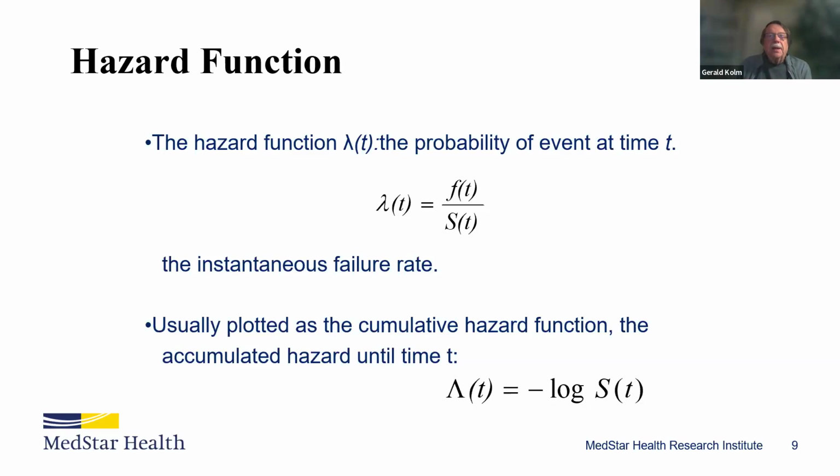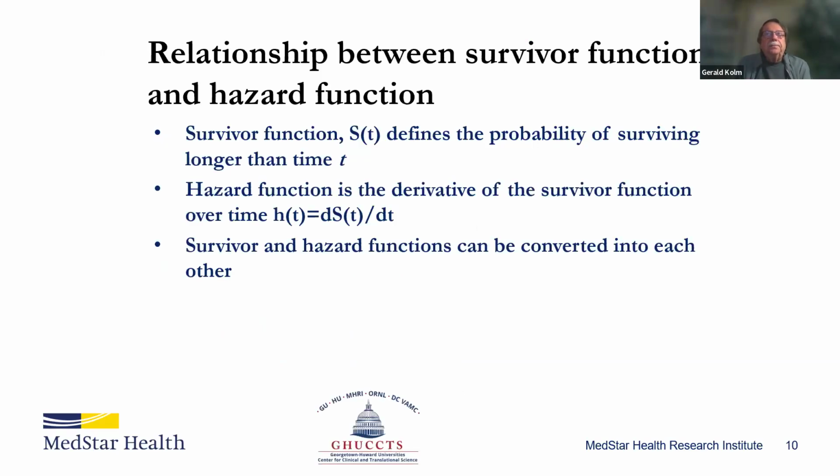And the hazard function and the survival function are related. If you know one, you can calculate the other. As I mentioned, the survivor function is the probability of surviving longer than time t. The hazard function is the probability of dying at time t, or the event occurring at time t, and it's the derivative of the survivor function.